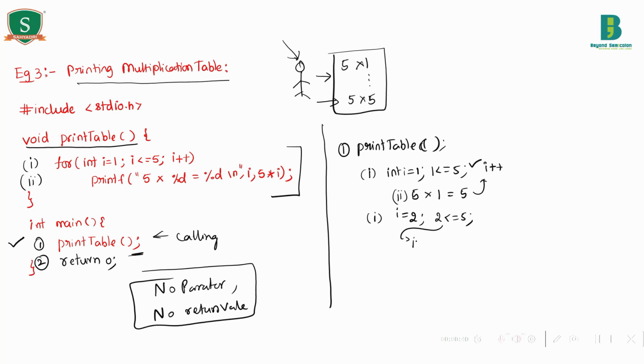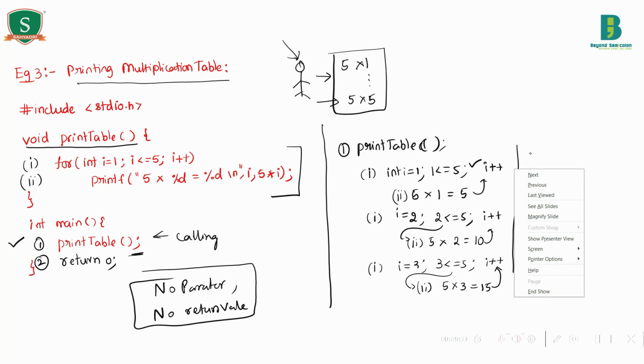Here second statement, 5 multiplied by 2, I value, that is 2, 5 into 2 is 10, and updates the I value here. Again, since we are in the loop, I value updated to 3, 3 less than or equal to 5. Come to the second statement, 5 multiplied by 3 is equal to 15, I plus plus.